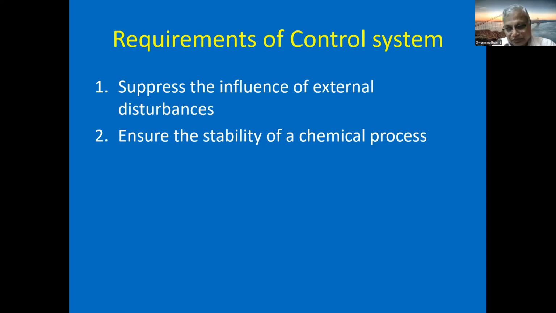In some types of control system, if it is not properly designed, instead of the outlet temperature coming to 70 degrees, it may grow in one particular direction. It may keep on increasing from 70 to 80, 90, without any control, or it may keep on decreasing from 70 to 60, 50, 40, etc.